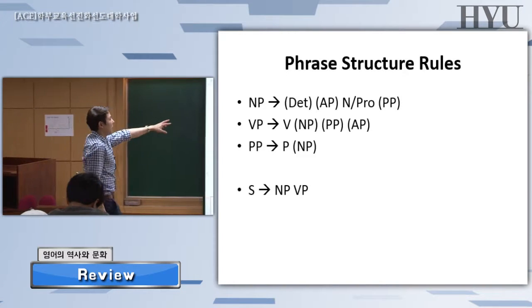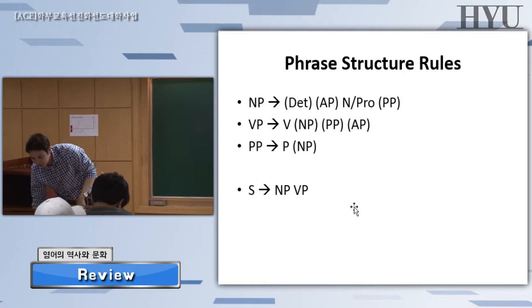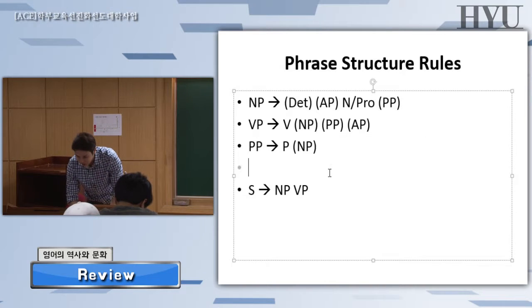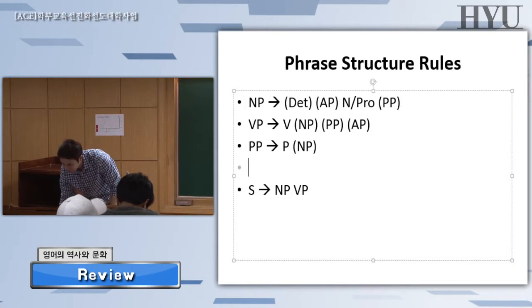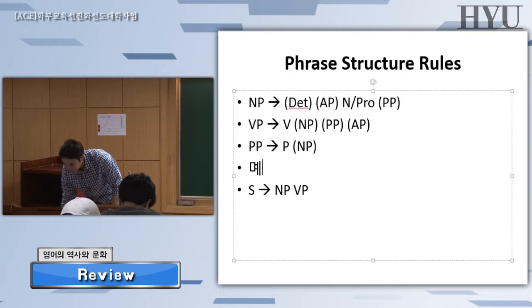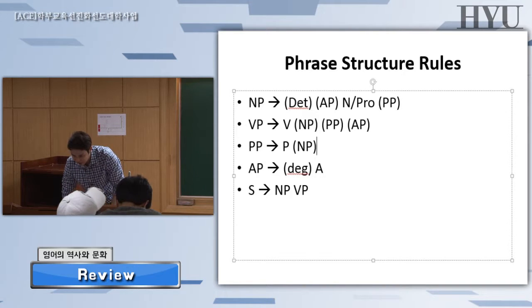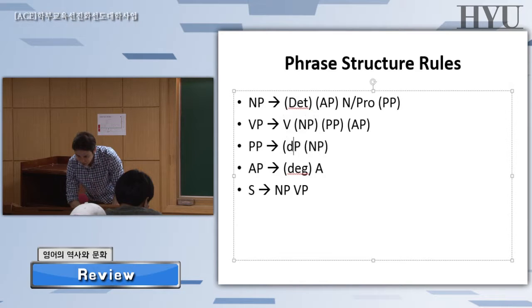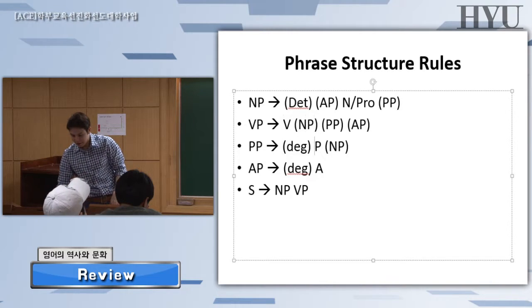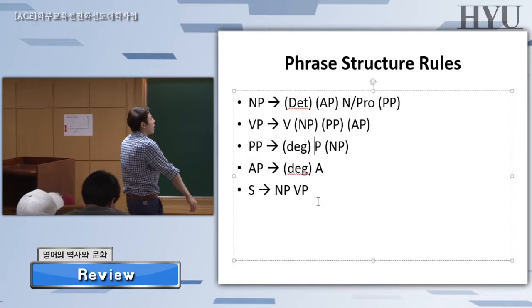So to sum up, we have, maybe I missed one rule here, and then AP, right? AP, just add AP, consists of degree word, and then A, like that. There could be a degree word here too. Okay.